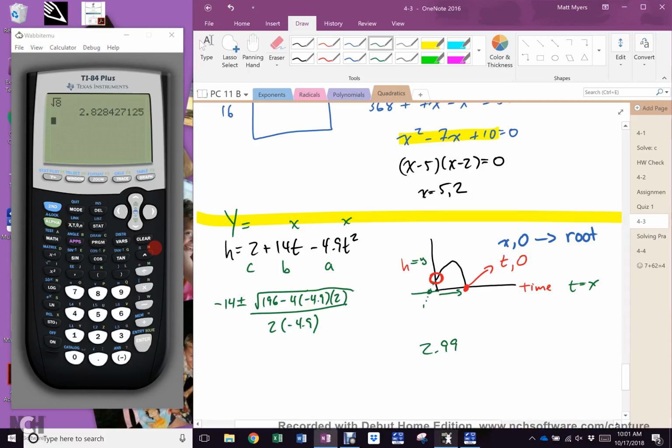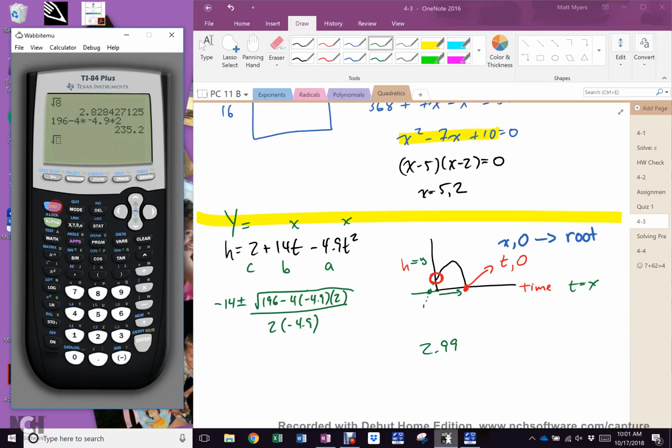This in here, right here, is 196 minus 4 times negative 4.9 times 2. Everyone agrees? 235.2 in there, yes? Everyone's cool?